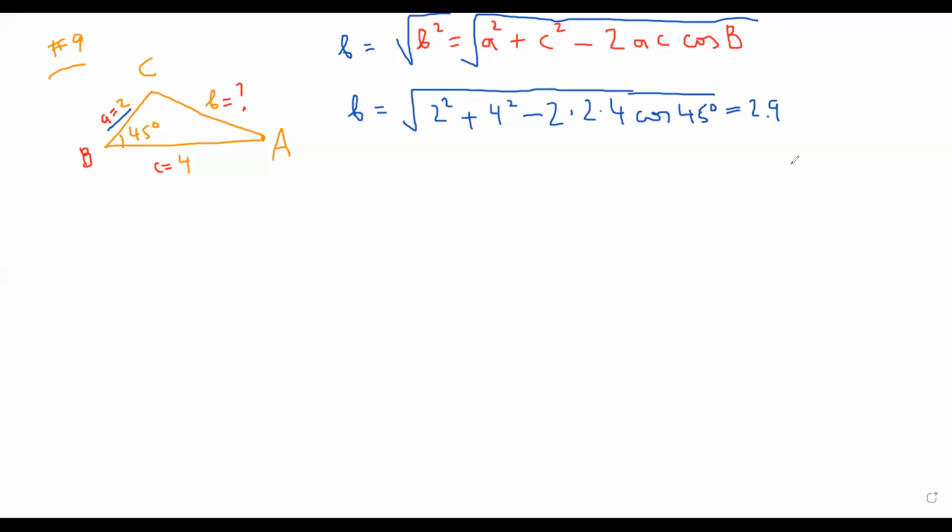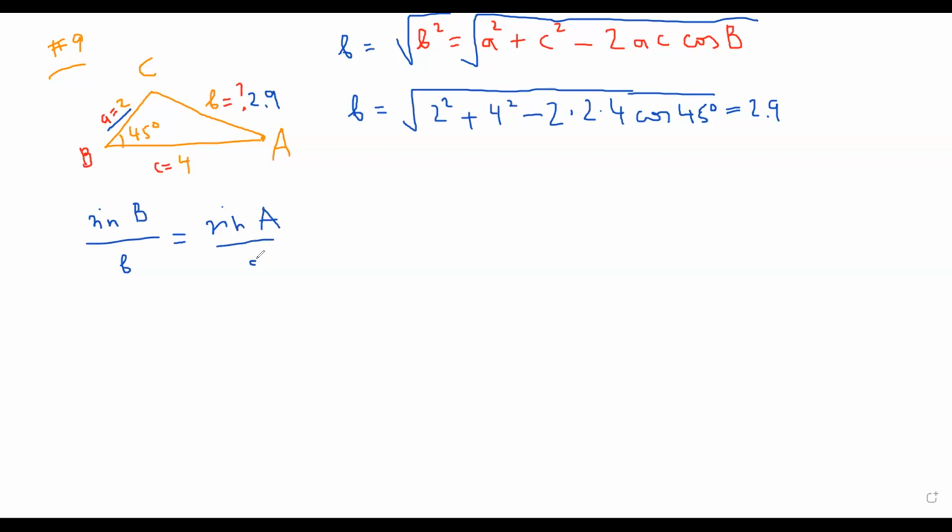So now what? Well, now I can utilize this law of cosines or go back and utilize law of sines if I want to, because now I have the ability to use sine B over b is equal to, for example, sine A over a.